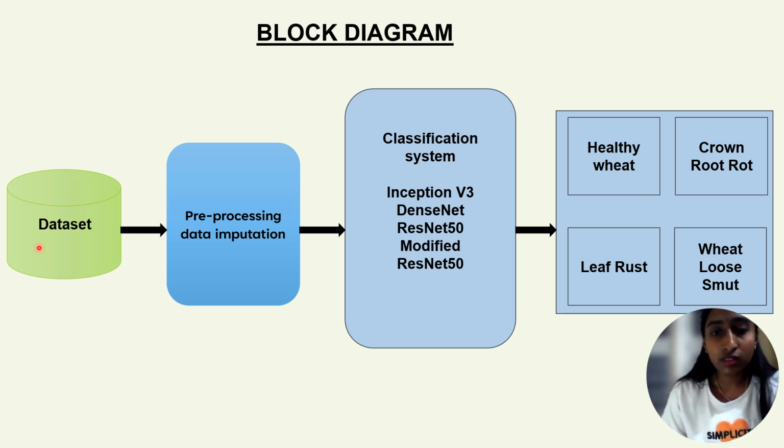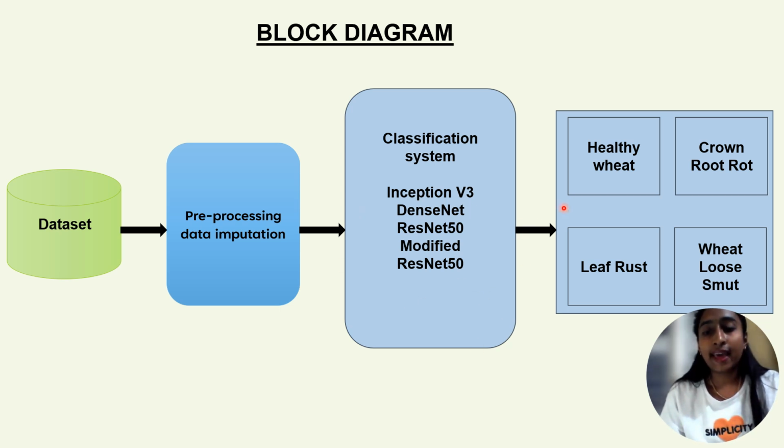Then the next step is pre-processing and data imputation. As I told, here we will be using a generative network to extract the features, as it is very good at extracting. Then the next is classifying, whether it is Inception v3, DenseNet, ResNet, or modified ResNet. Here we are using modified ResNet.